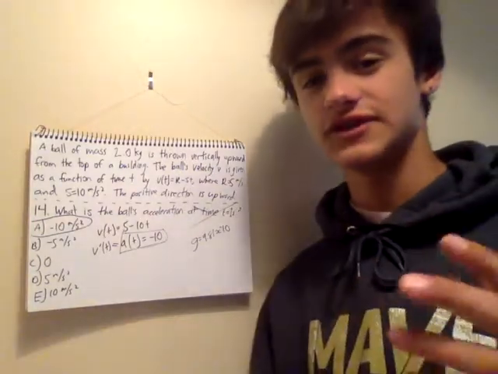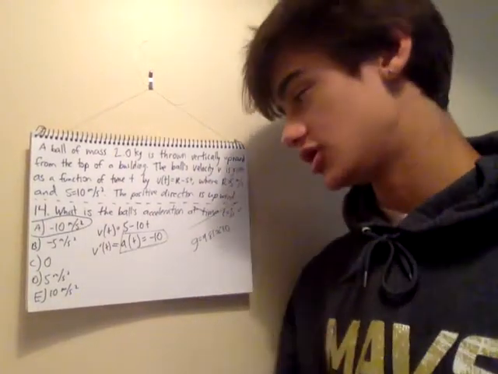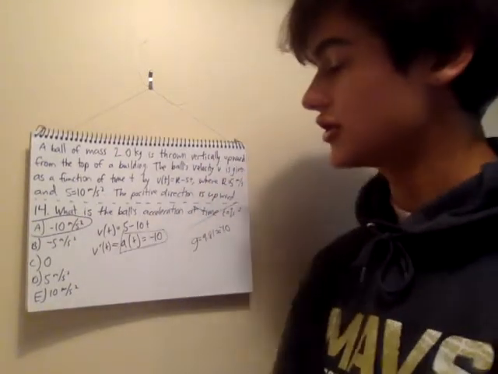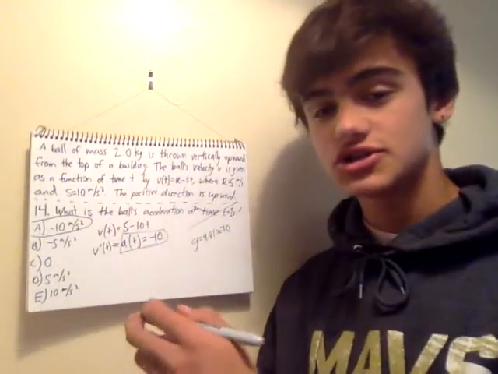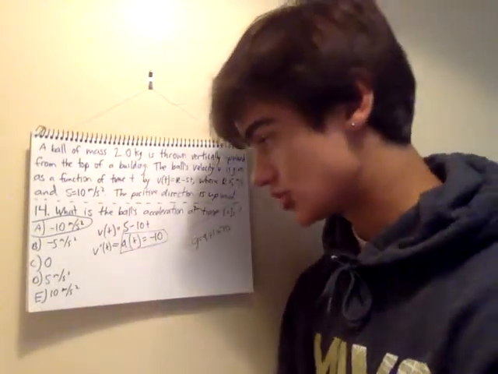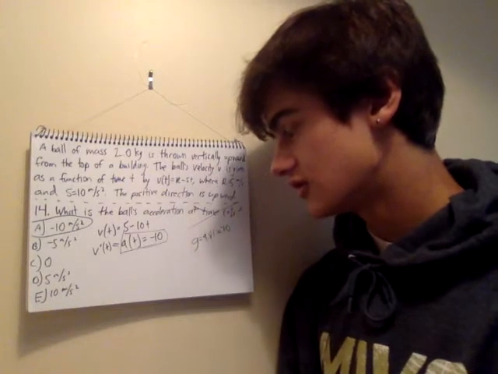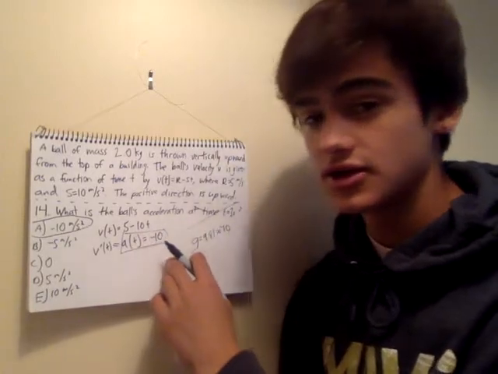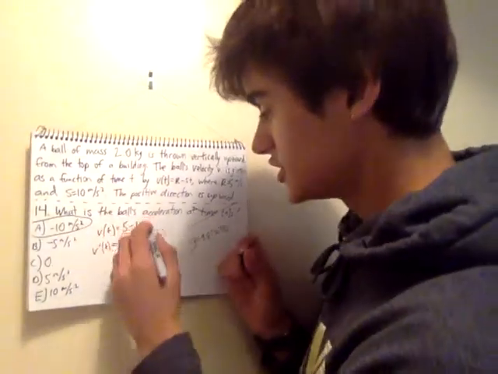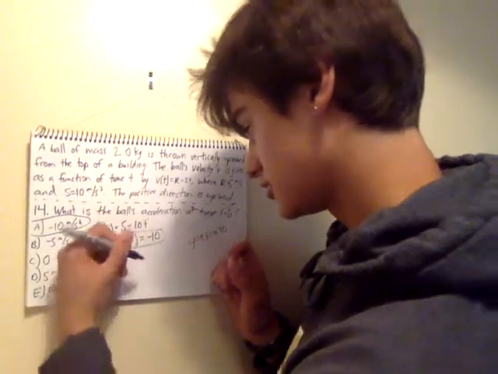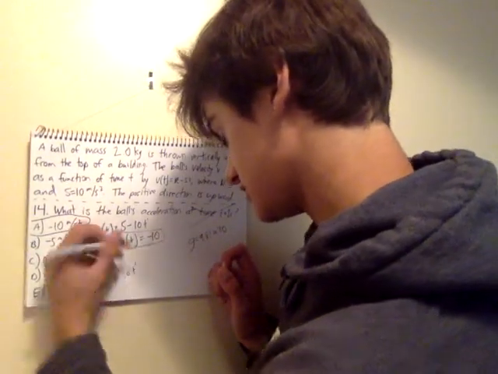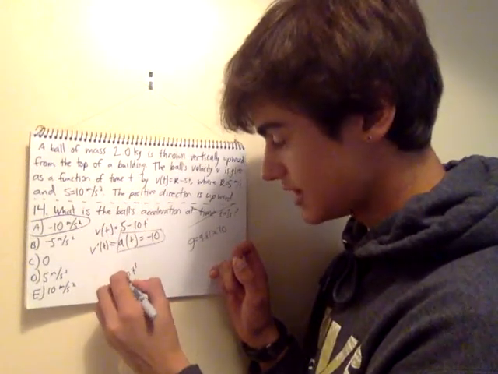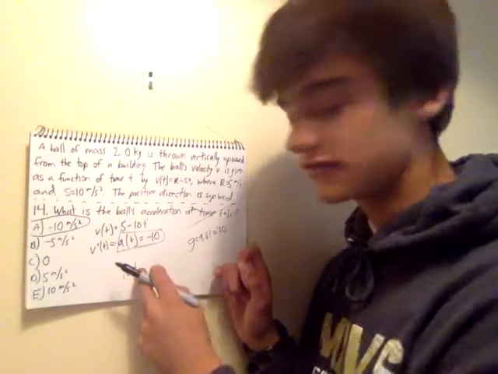Let's talk about derivatives a little bit more in this video. So let's talk about the rules of derivatives. Here, since 5 is already a constant, the derivative of that is going to be 0. When you're taking the derivative of a number to a power, or a variable to a power, since this is 10 times t to the first power, what you do is you multiply the power times the coefficient and subtract 1 from the power.